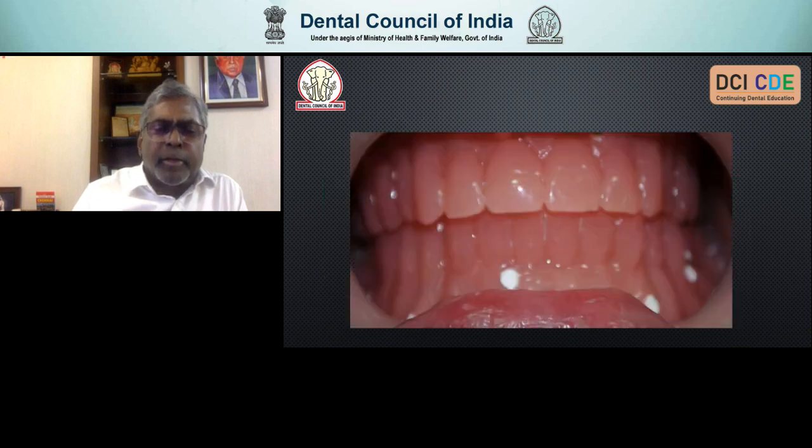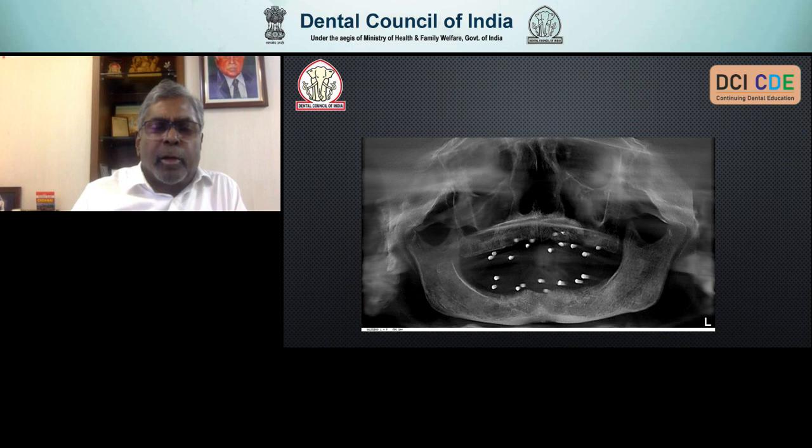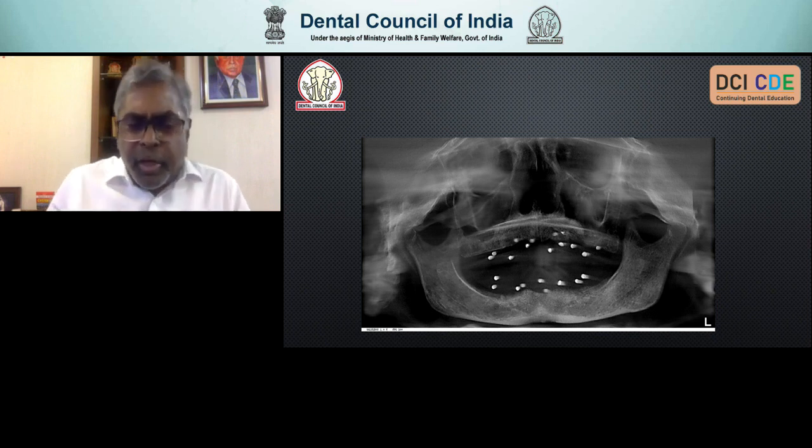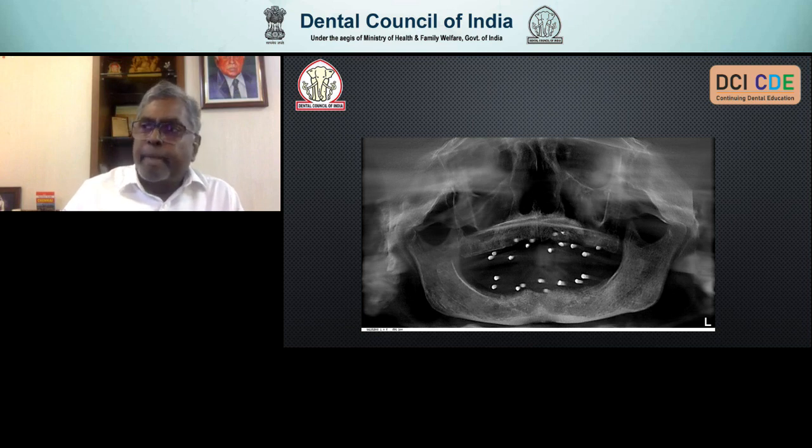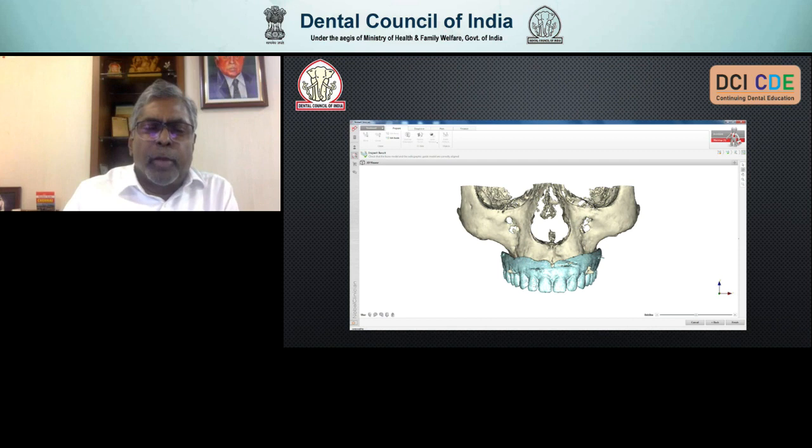Now, using this guide, the patient keeps it in the mouth in occlusion, and then a CBCT is done. So now you've got a good idea of the soft tissue interface with the denture and the underlying bone. You can see that these radiographic markers show up very clearly on the scan. And once you have these markers showing up on the scan, with the dual scan you can now superimpose the prosthesis on top of the underlying bone, which lets you evaluate the position of the bone in relation to particular teeth.